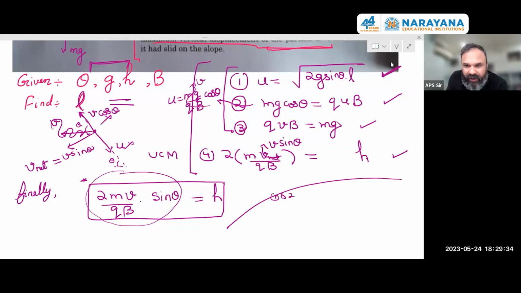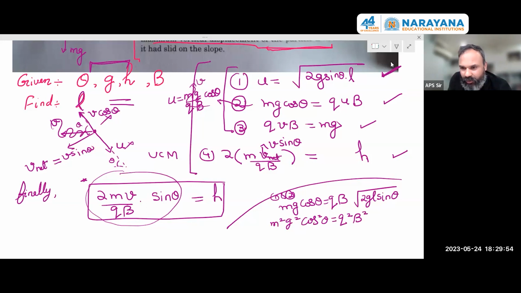By the first and second, what you are getting is mg cos theta is equal to qBu, and the u term is root of 2gL sin theta. So just square the equation, and you get m square g square cos square theta is q square B square into 2gL sin theta.